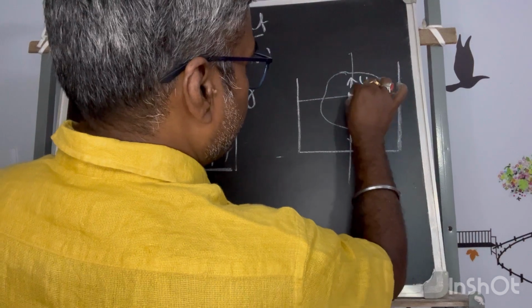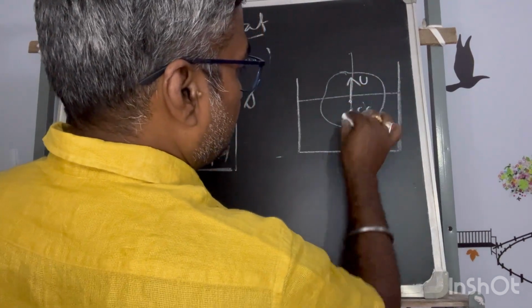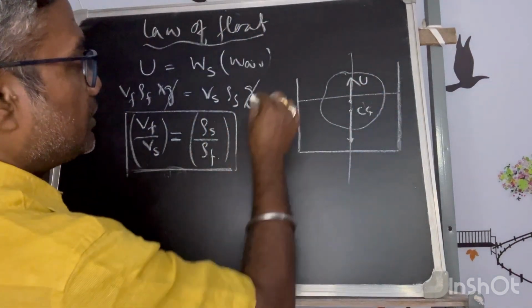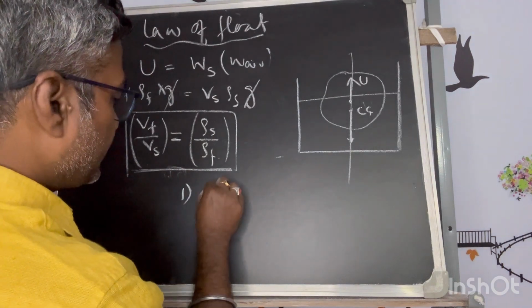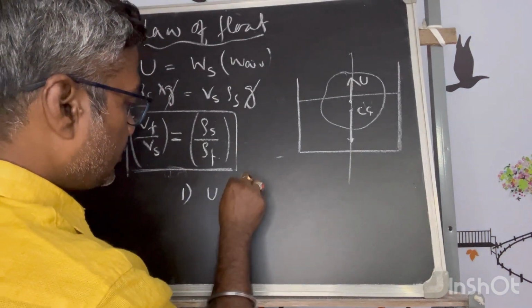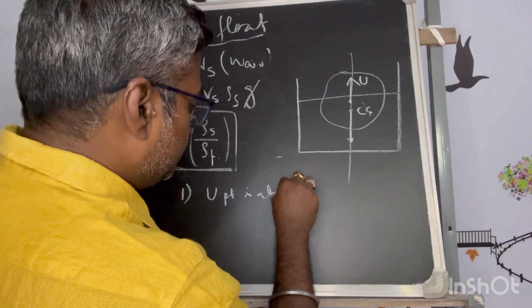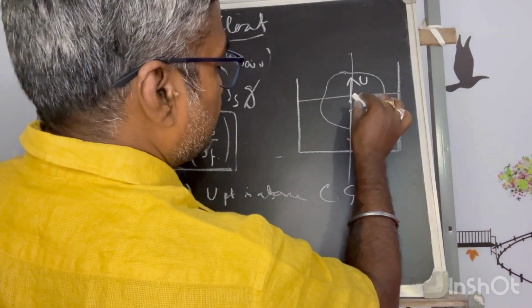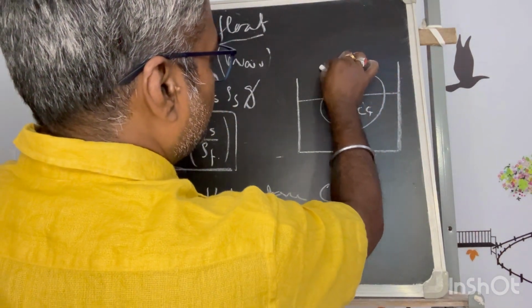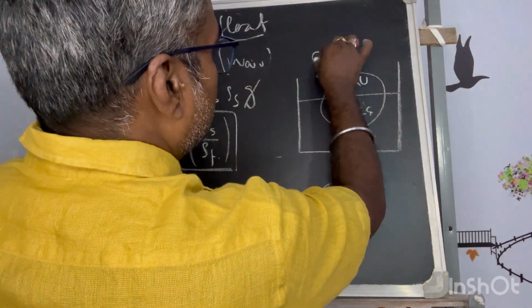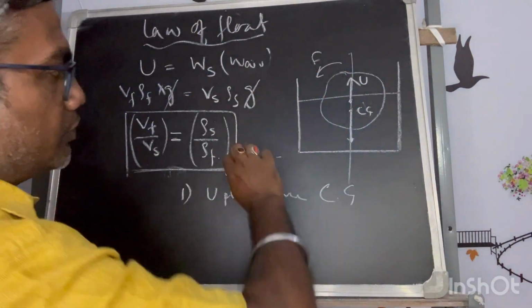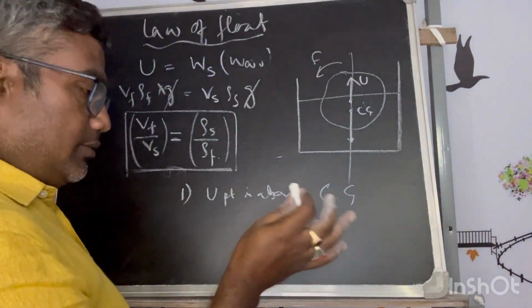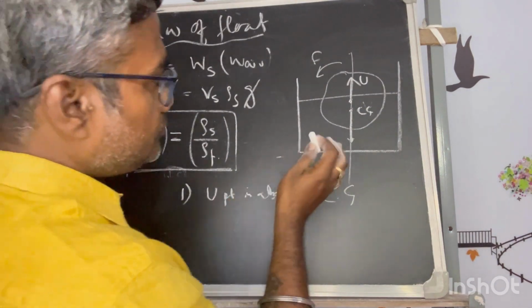Condition 1 I am saying is that the upthrust point is above CG. What would be the case? Now if I try to rotate it by a force, whether it will stay in equilibrium or it will be disturbed.